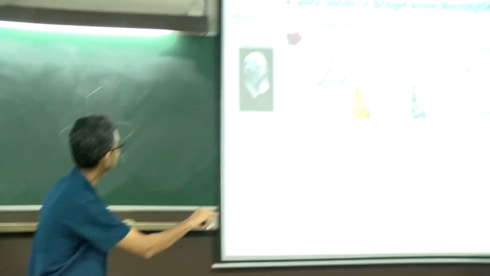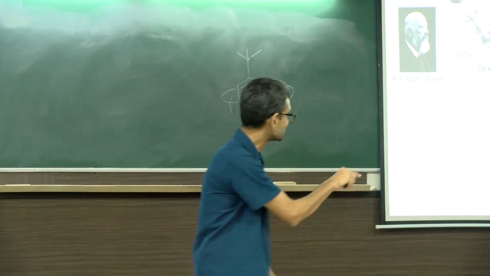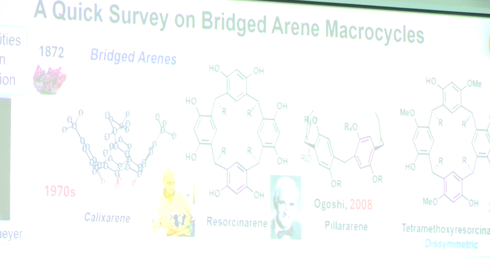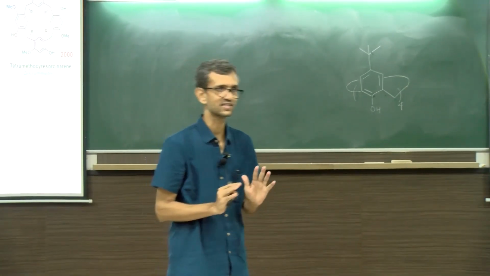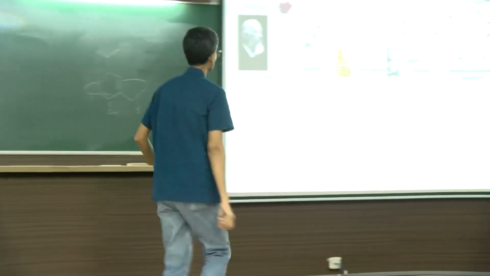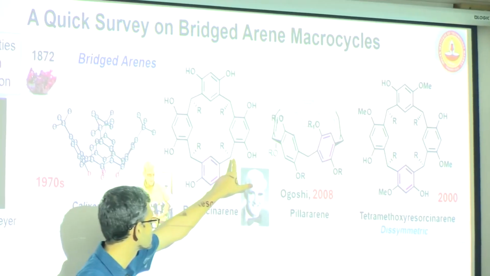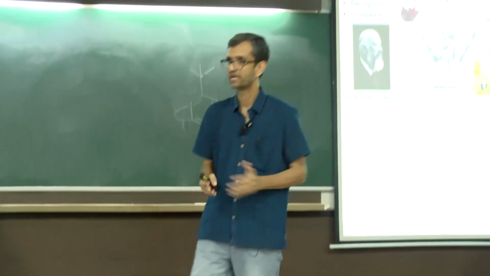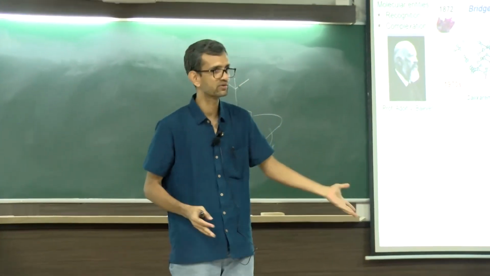So in this case, the next macrocycle, resorcinarene. 1,3-dihydroxybenzene is called resorcinol. Dihydroxybenzene, right? It is a resorcinol. So the basic unit is resorcinol here, and that is made to react with various aldehydes. It could be alkyl aldehyde or aromatic aldehyde, whatever.